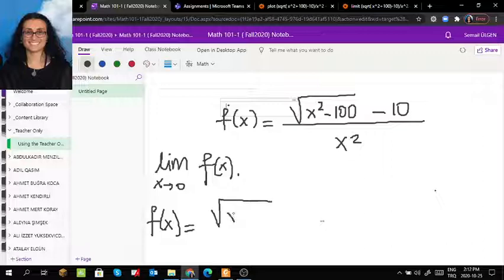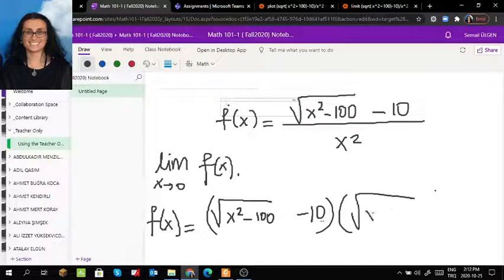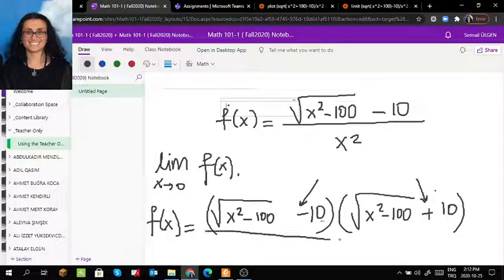So what's the conjugate of this? The conjugate is the plus version of this, you just change the sign, and you multiply the numerator and the denominator with it.